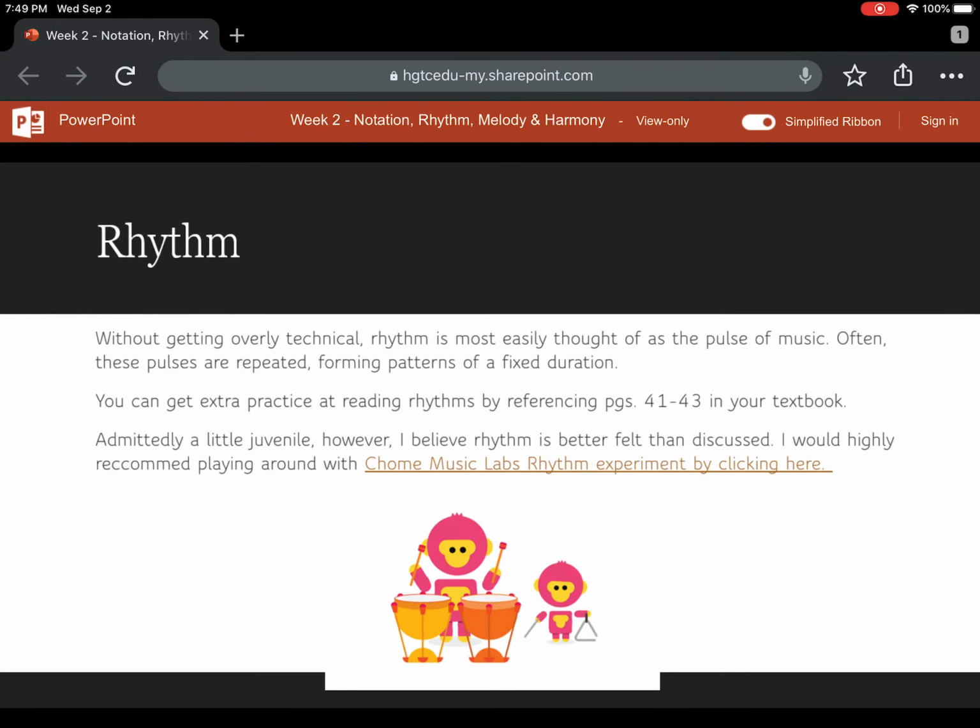Okay. Rhythm. So without getting overly technical, rhythm is most easily thought of as a pulse of music. Often these pulses are repeated, forming patterns for fixed durations. So if I play something here on the piano, I'm just going to make something up.